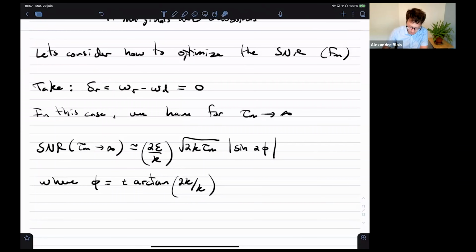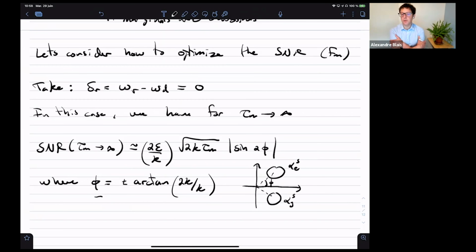But at least I can say what's the intuition for this phi? The intuition for this phi is very simple. You saw, I keep drawing these 2 blobs, which are separated in phase space like this. Well, if you compute this phase, it's exactly phi. It's exactly this quantity, in steady state. So that's rho excited in steady state, rho ground in steady state. And how do you compute the position of alpha E in steady state and alpha ground in steady state?